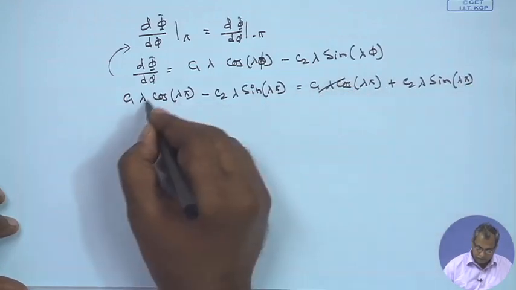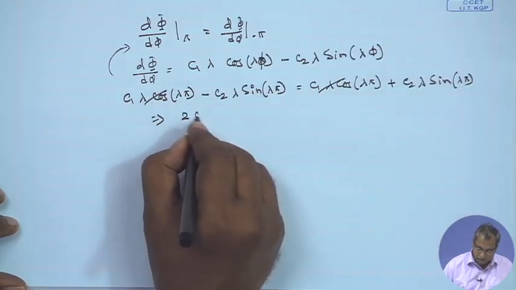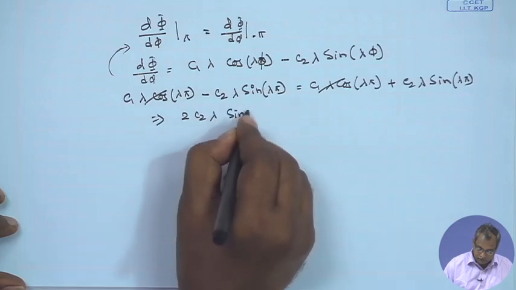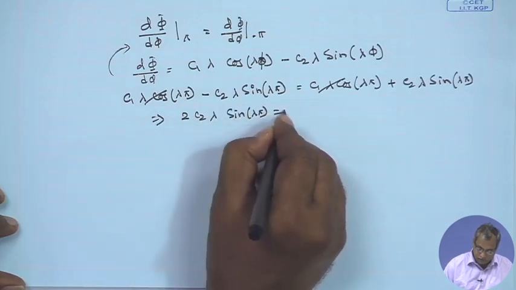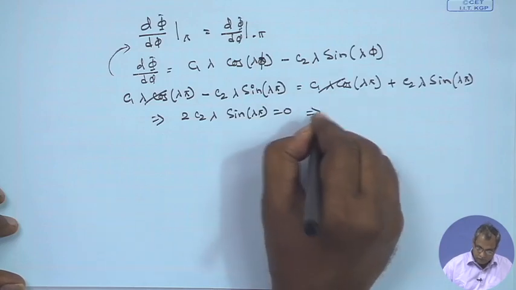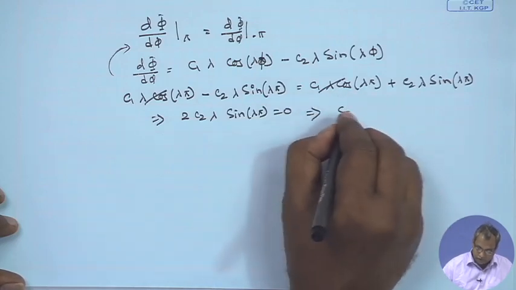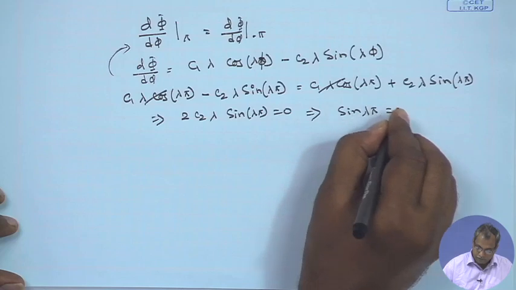So, these two will be cancelled out. So, you will be having 2 C 2 lambda sine lambda pi equal to 0. So, therefore, for a non-trivial solution, sine lambda pi will be equal to 0.